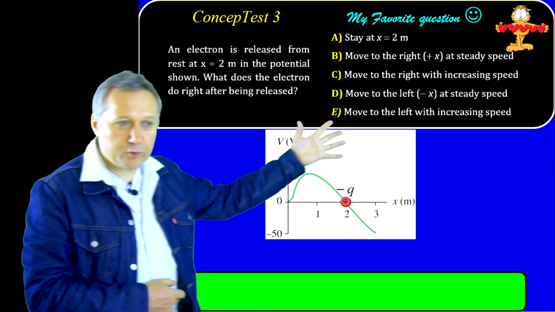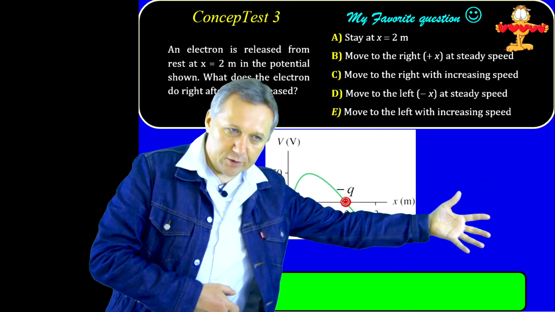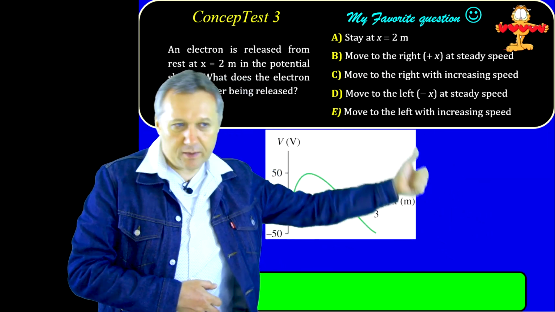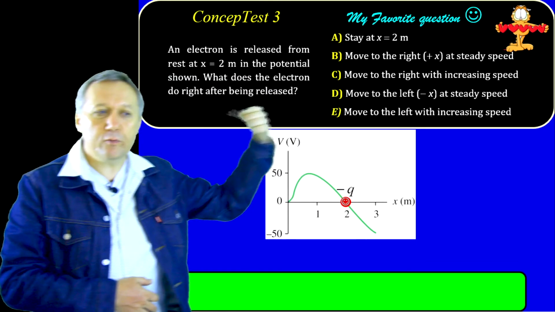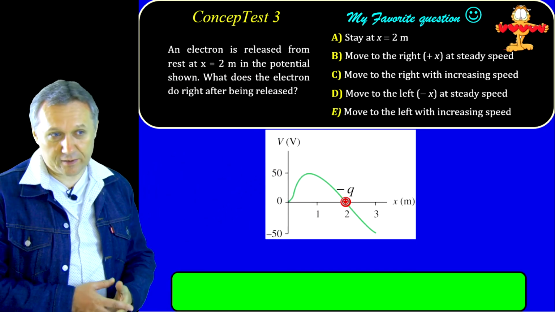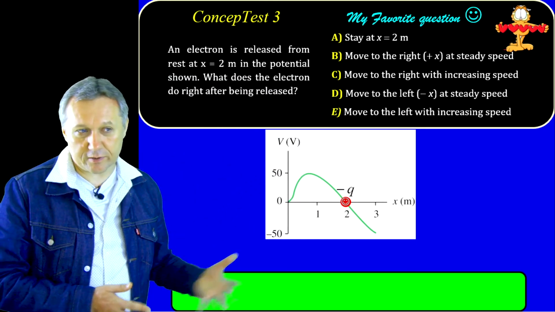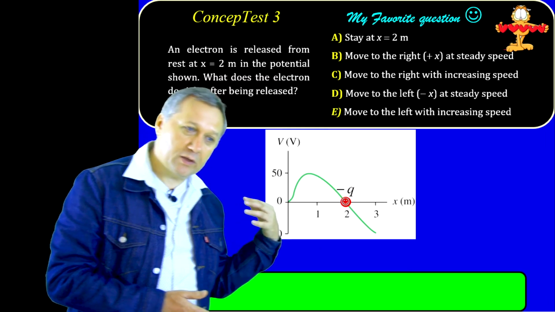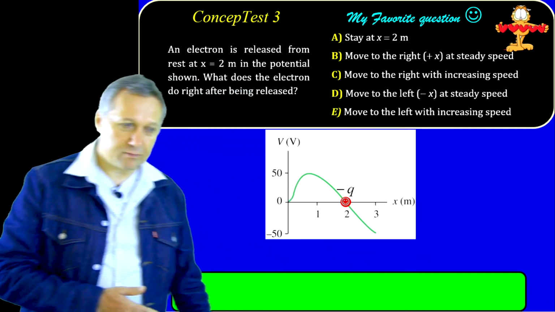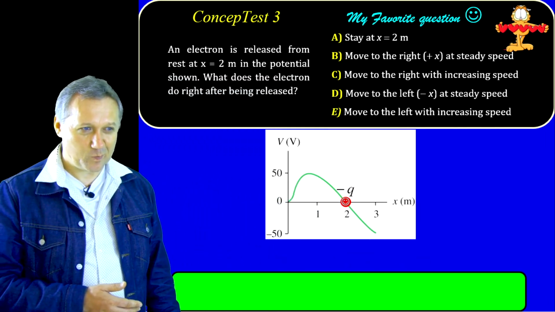Then, will it move to the right with acceleration, with increasing speed? Then, will it move to the left, in the negative x direction, with constant speed, 0 acceleration? Or will it move to the left with acceleration, with increasing speed?